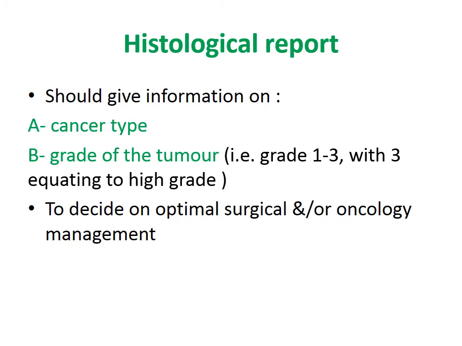As well, the report should provide information about the grade of the tumor, that is to say whether it is grade 1, 2, or 3, with grade 3 equating to a high grade. And of course this information is required to decide the optimal surgical intervention for any particular patient, as well as affecting the oncology management.